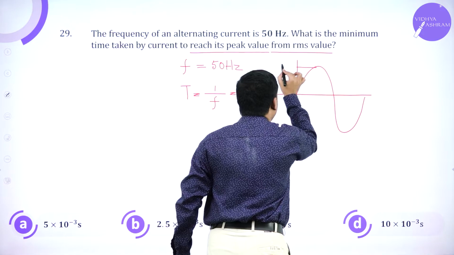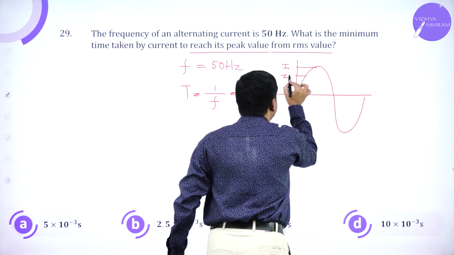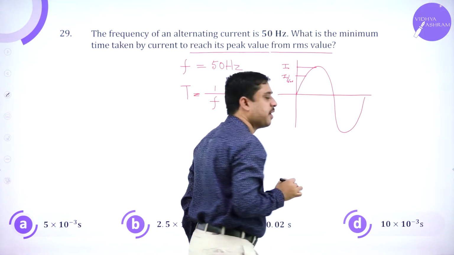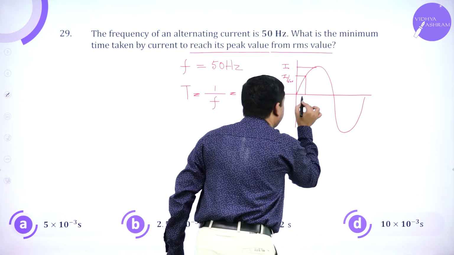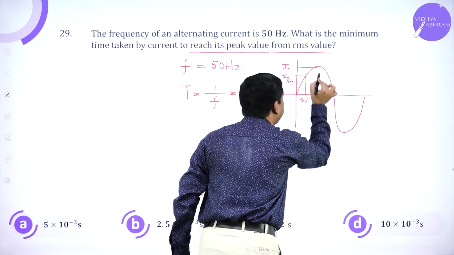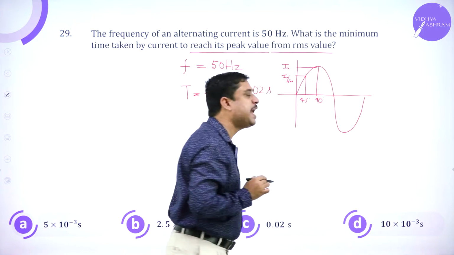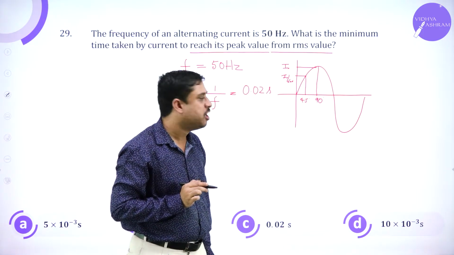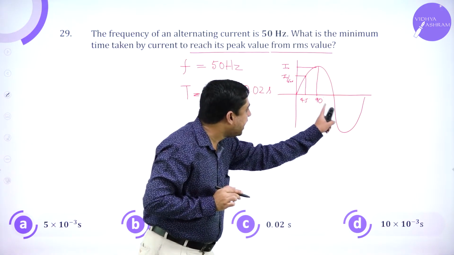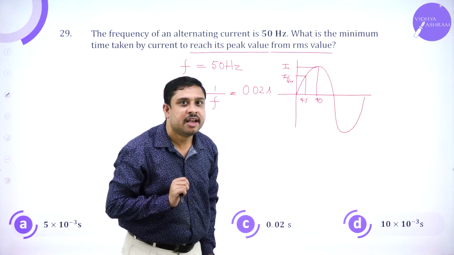This is the peak value I naught. This is the RMS. RMS value is attained at 45 degrees and the peak value at 90 degrees. So completely 180 degrees is 4 portions.